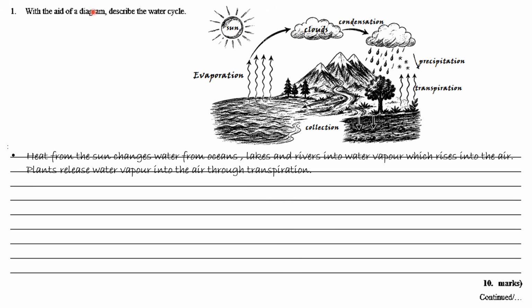The diagram needs to be labeled at this level. This is Form 4 level, MSCE level. Candidates must use labeled diagrams to describe processes. Here, some detail is missing. A diagram which is not labeled is considered useless. So with the aid of a diagram is not complete. The diagram needs to be a labeled diagram.